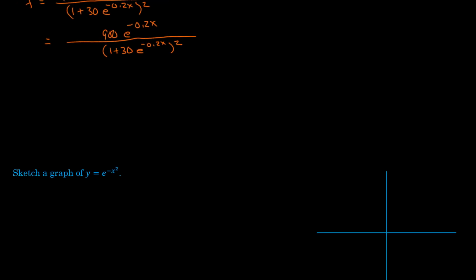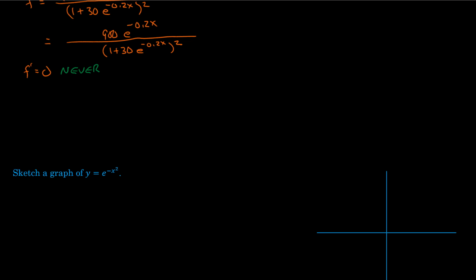Okay, critical values occur in two locations. The first of these is, where does the derivative equal 0? Well, the answer is never. The derivative never equals 0. That would mean that 900 times e to the negative 0.2x equals 0, but that never happens.